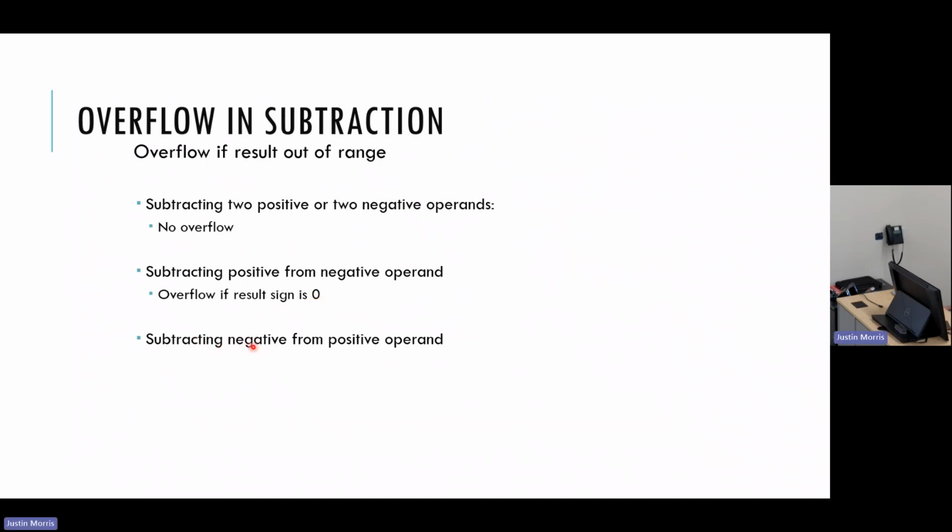And if I'm subtracting a negative from a positive, that means I'm adding to that positive, and I can go beyond the upper threshold. This is overflow if the sign is 1, so it becomes negative.